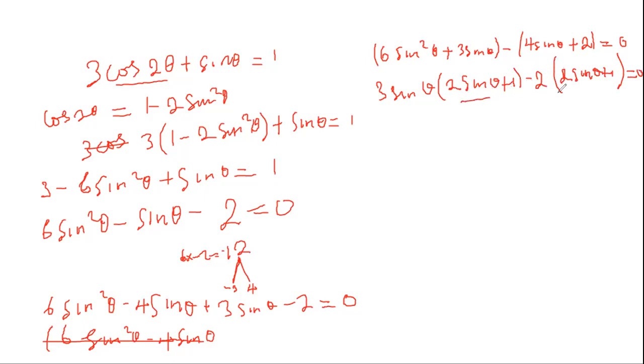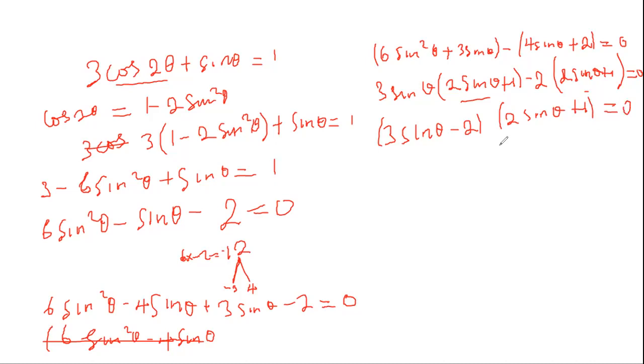So this and this are also common. So we shall have 3 sine theta plus 2 into 2 sine theta plus 1, and this is equal to 0.